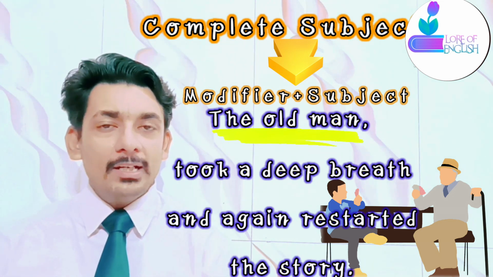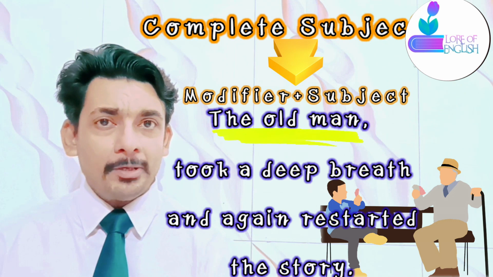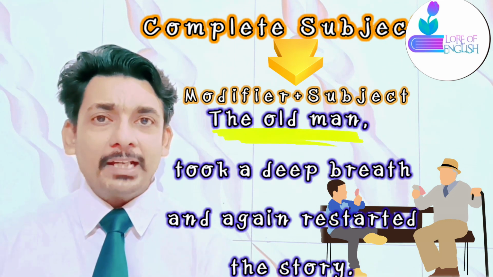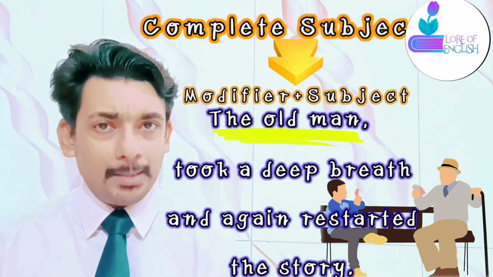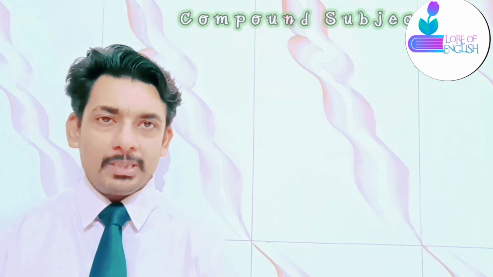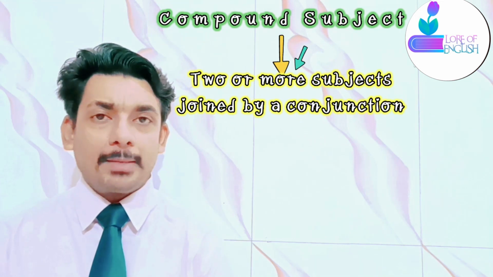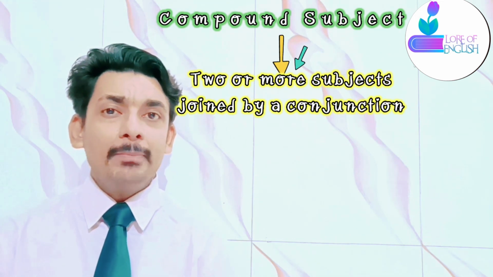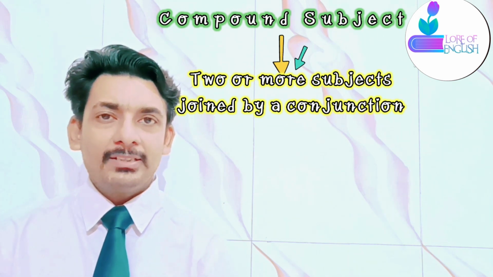I hope you understood the previous two subjects, and now it's time to understand the third subject, which is compound subject. Now, what are compound subjects? Part of the subject which has two or more subjects joined by a conjunction is known as compound subject.